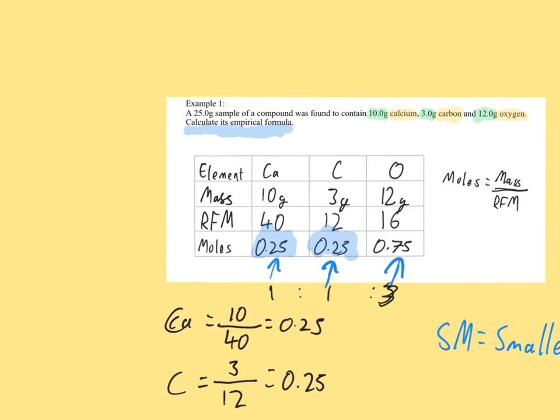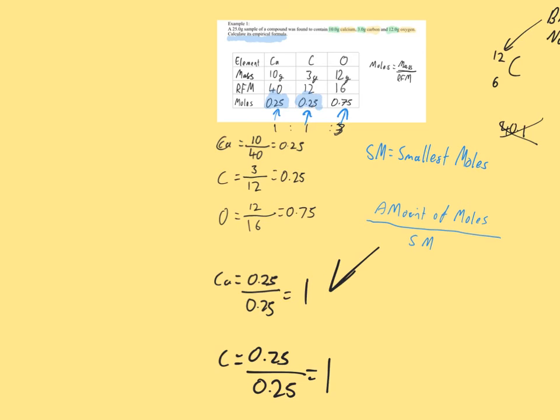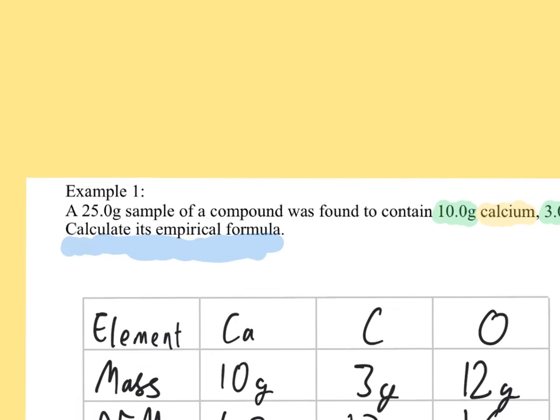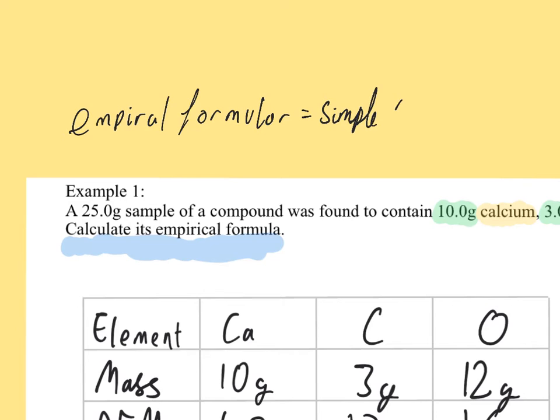If you guys don't know, which I probably should have told you at the start of the video, the empirical formula is the simple whole number ratio.